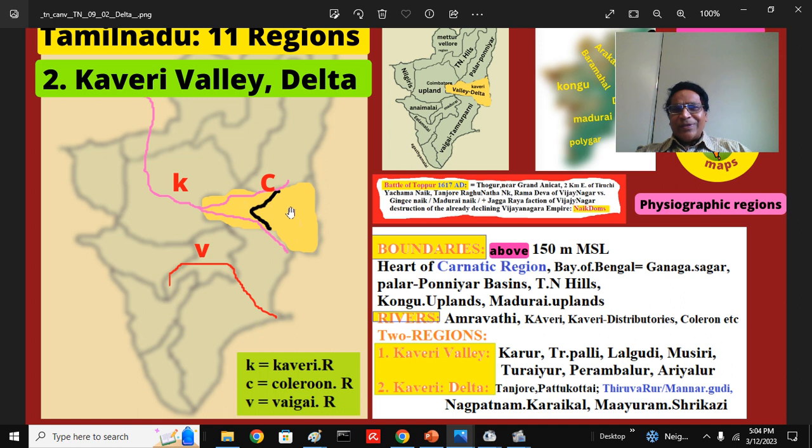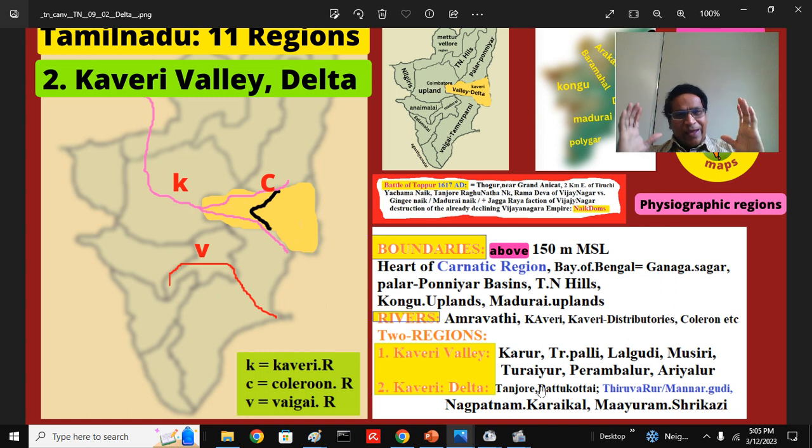Downstream is the delta region, close to the Bay of Bengal. The delta region includes Thanjavur and Pattukottai. I will show you on the actual map; you need not be concerned about the names. Tiruvarur, Mannargudi, Nagapattinam, Karaikal. Karaikal is an exclave of the Pondicherry Union Territory within the Thanjavur Delta region.